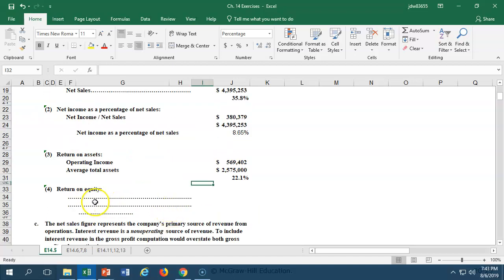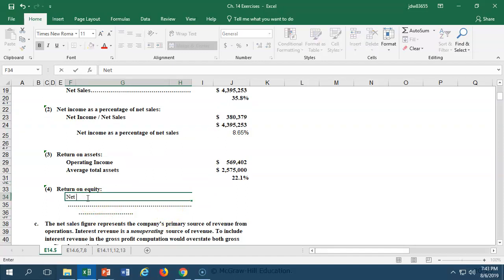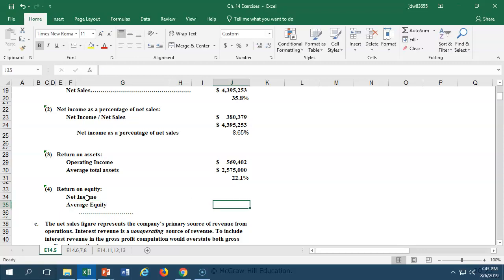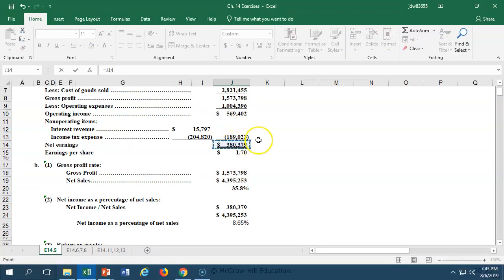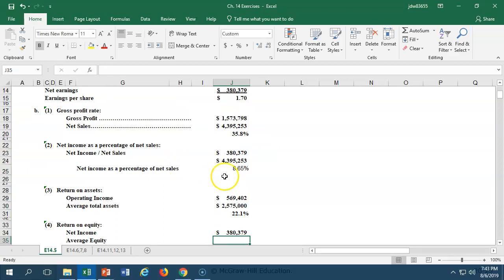Okay, return on equity, taking the net income divided by the average equity. Net income, 379. And then it gave the average equity total in the problem.